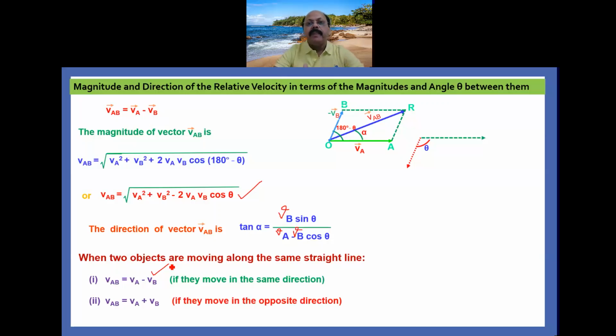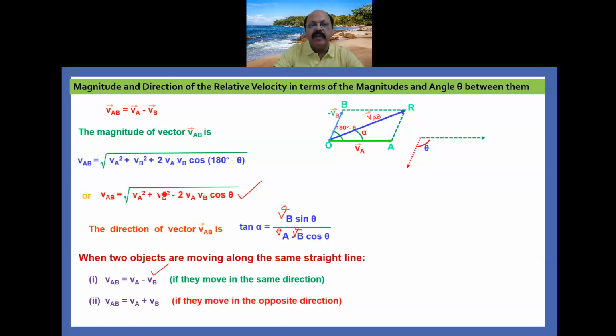But if they are moving in the opposite direction, meaning the two trains are moving in opposite directions, then the angle between them is 180 degrees. When you substitute theta equal to 180 degrees, cos 180 is minus 1, so minus minus becomes plus.